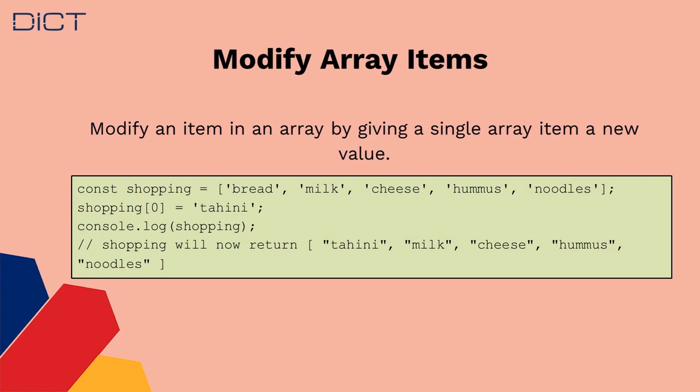Initially the item at index 0 is bread. We modify the first item in the array by typing the name of the array, then the index number, which is 0. Then we assign another value to the first element of the array. So we can definitely modify the contents of that array.